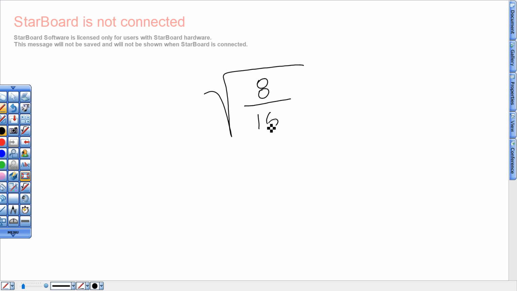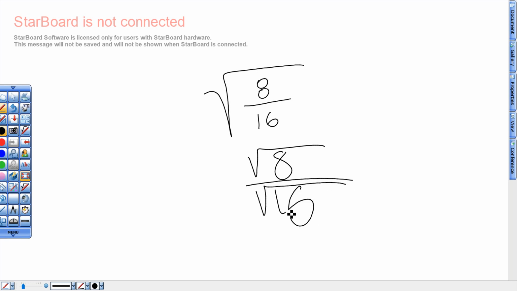let's see, try this guy. So do your split, good, 8 on the top, good, and that gives you 4. No, can you square root 8?